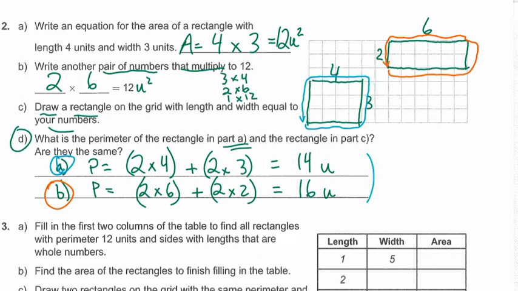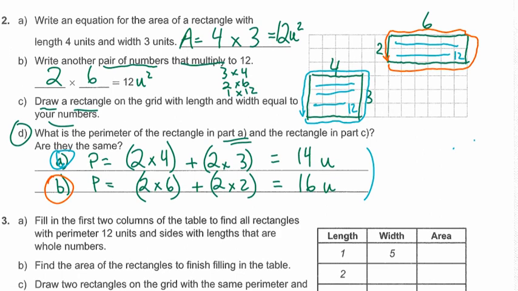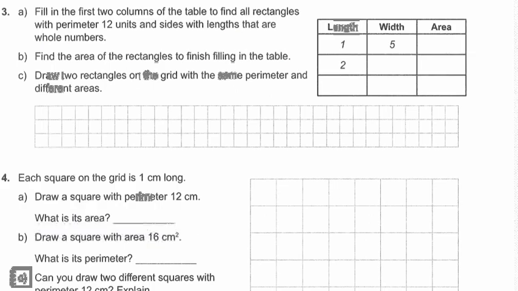And you can see that here, the 14 units and the 16 units comparison. Even though the area is the same, if I count up the blocks on the inside of this one, I'm going to get to 12 blocks. And if I count up the blocks on the inside of this one, I'm also at 12 blocks, or 12 units squared.